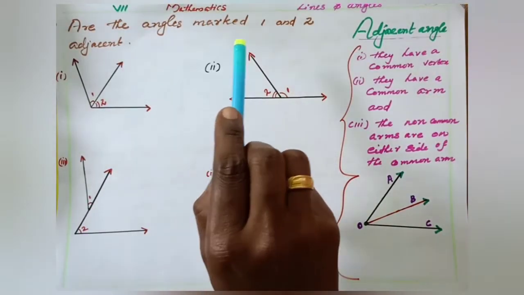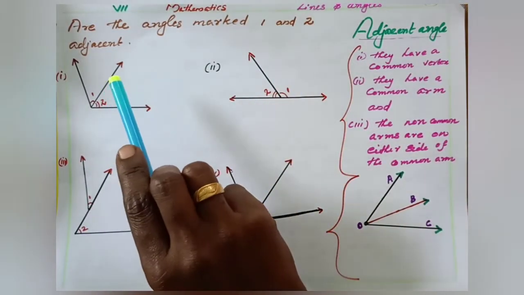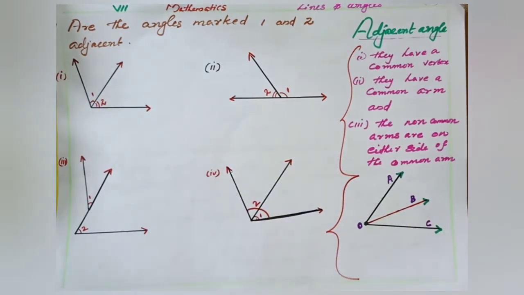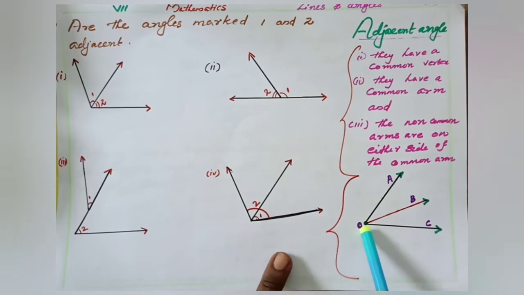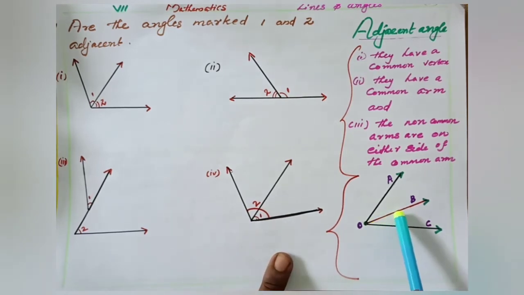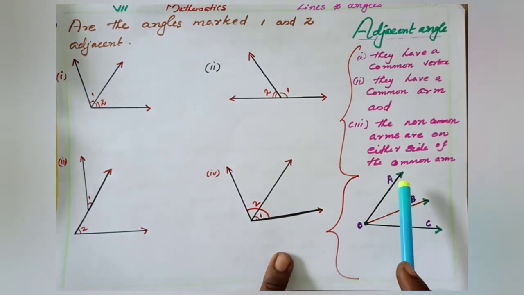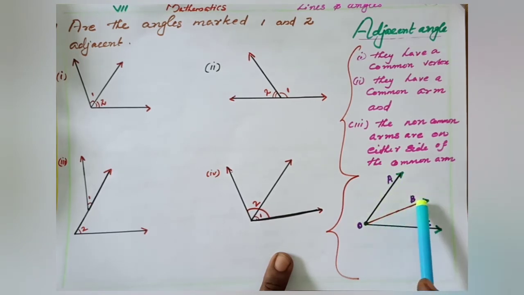Are the angles marked 1 and 2 adjacent? So first we know what is adjacent angle. Adjacent angles have a common vertex and they have a common arm. Non-common arms are either side of the common arm.